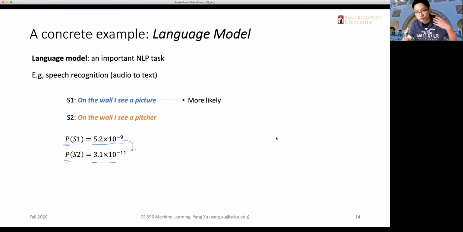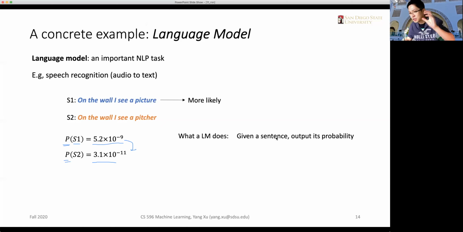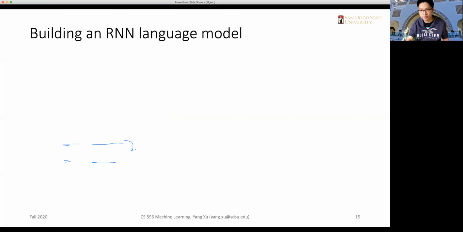So we can prefer the first sentence over the second sentence. In general, a language model should be able to output the probability of a sentence or of a sequence of words, based on its experience from the training process on a large corpus.